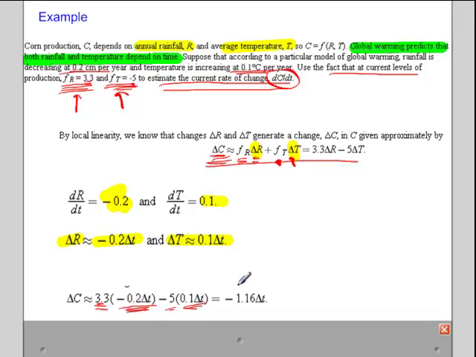So therefore, given these predictions of my partial change of corn with respect to rainfall and temperature, and my changing rainfall and temperature because of time, I'm able to get a prediction for the change in corn production over time.